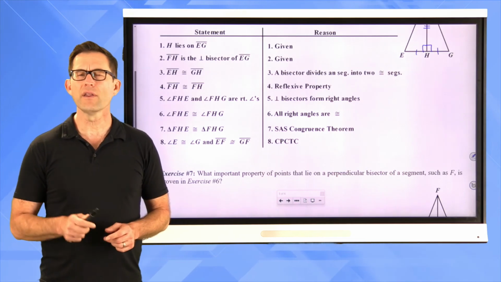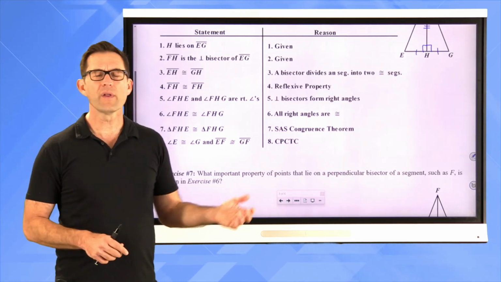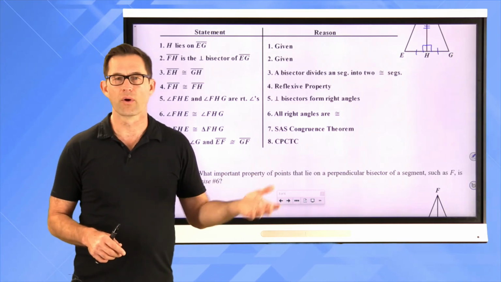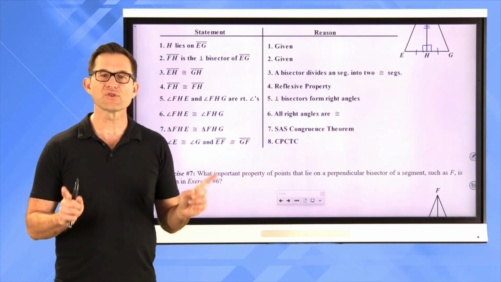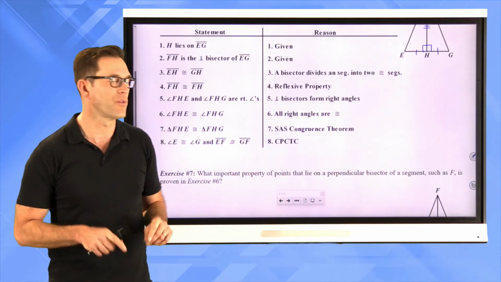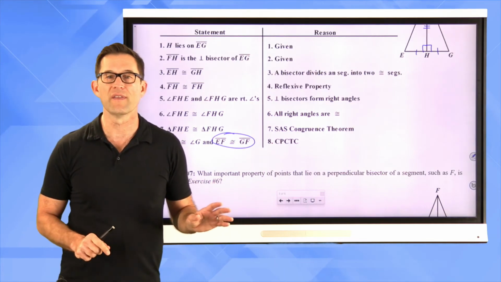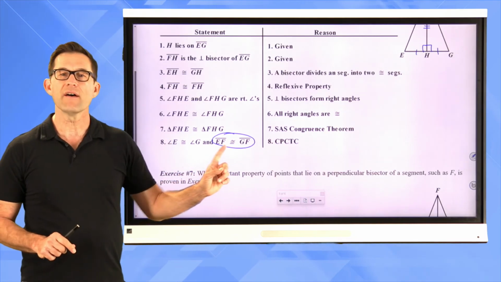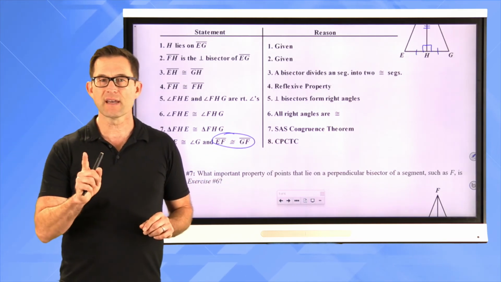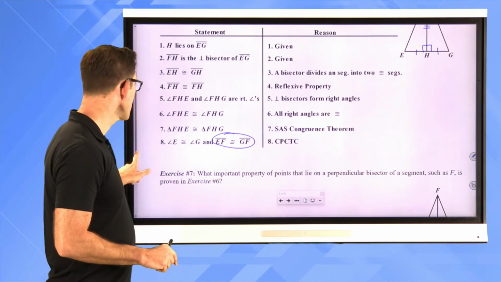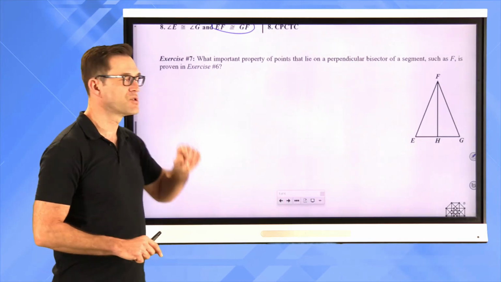All right, final little piece, right? A proof like this seems kind of stock and normal and whatever, but we actually proved a very important thing specifically in this line. Not so much about the angle E being congruent to the angle G, but the EF congruent to GF. That's actually pretty important. And let's talk about that in exercise number 7.